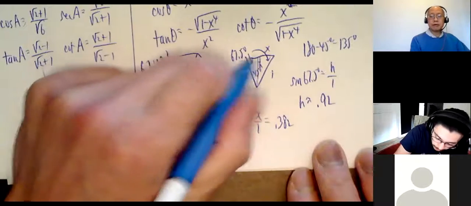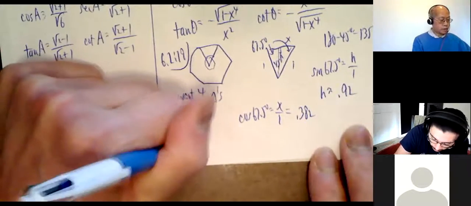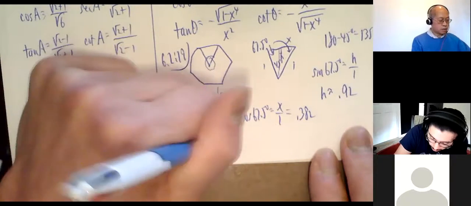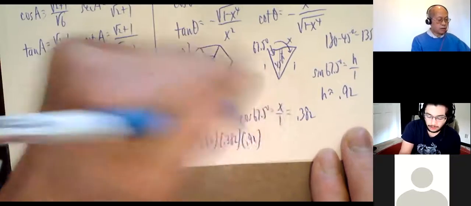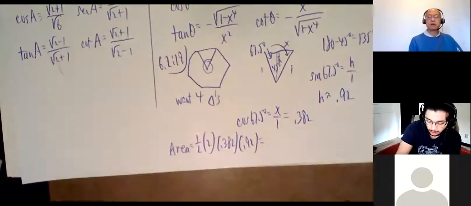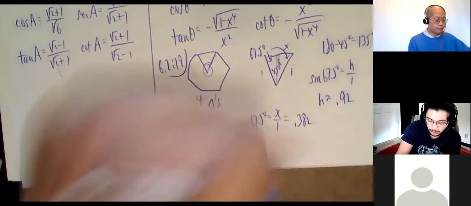Okay, that's X, but the base is the whole thing. So the total area is 1/2 base, which is 2 times 0.382 times 0.92. Which is roughly 0.352.